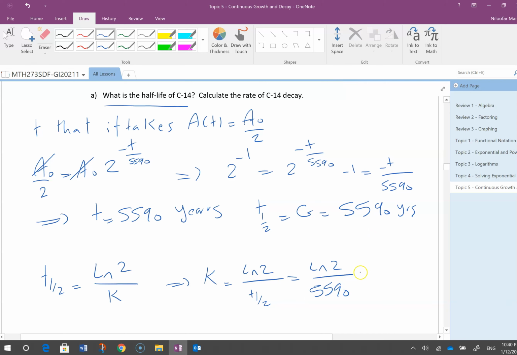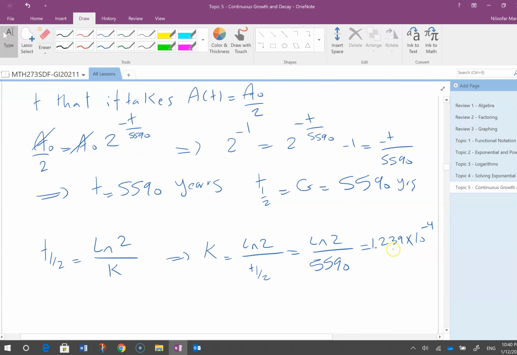If you use your calculator, ln 2 divided by 5590 is 1.239 times 10 power minus 4, which to 3 significant digits is 1.24 times 10 power minus 4. This is per year, because the unit of time is year here.